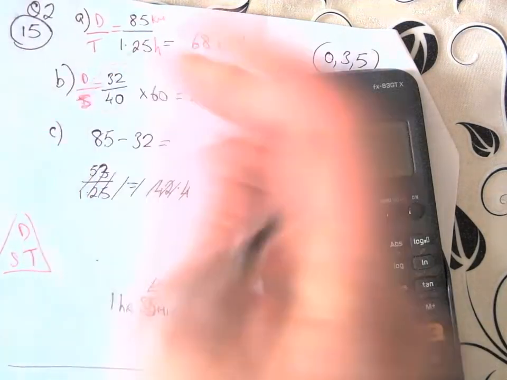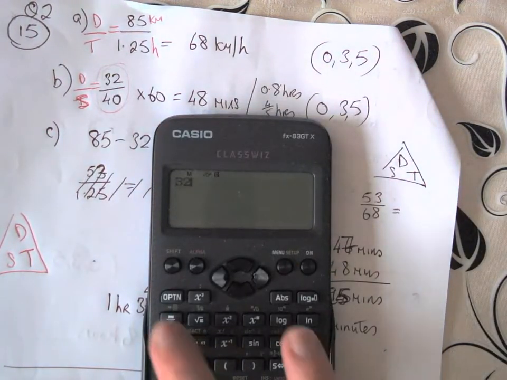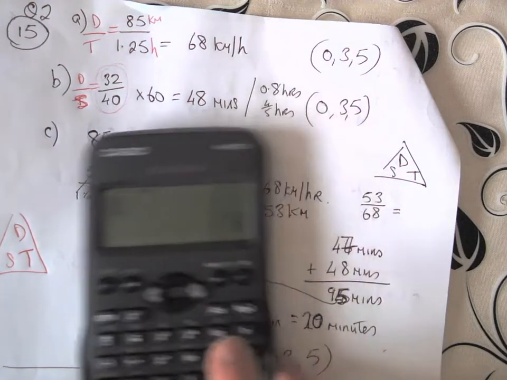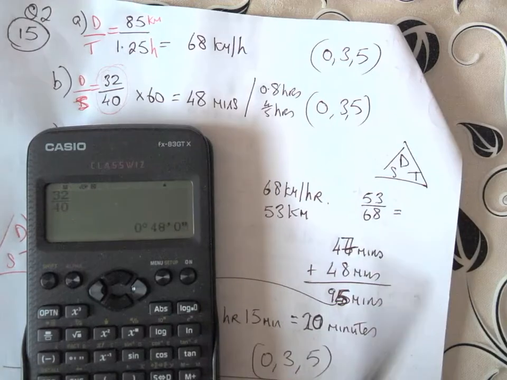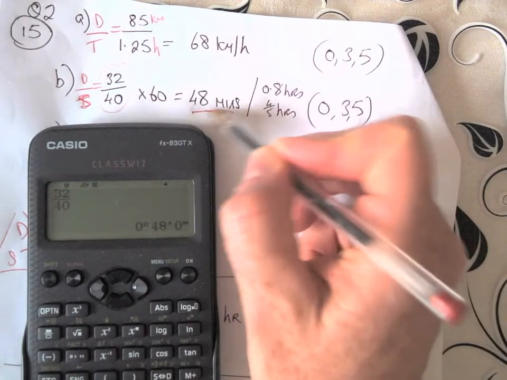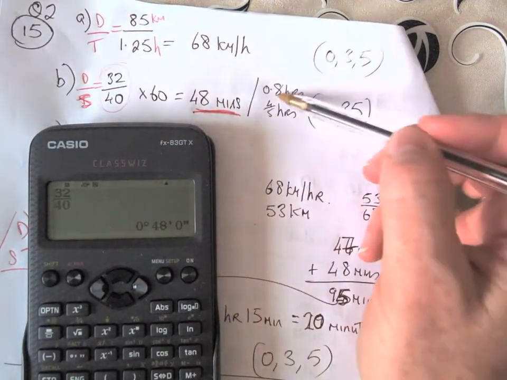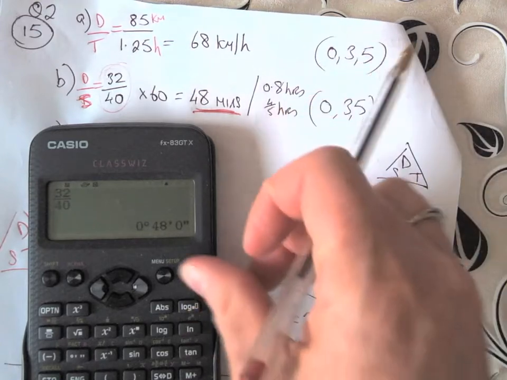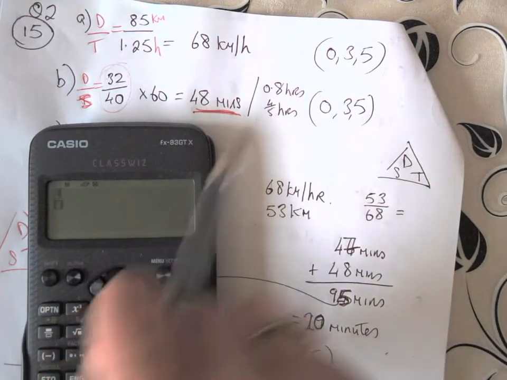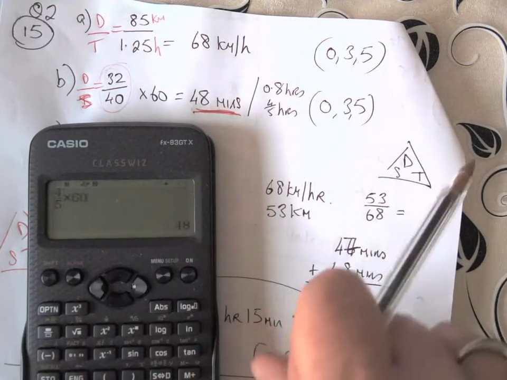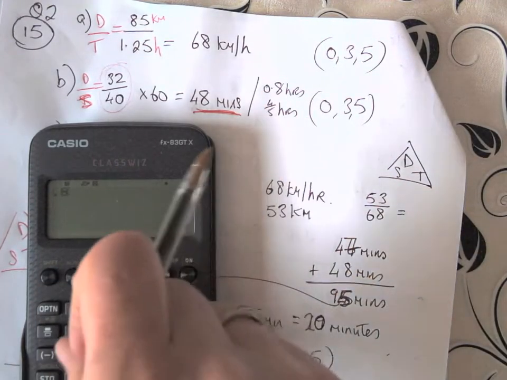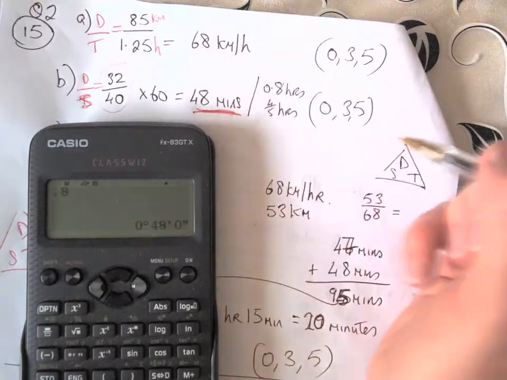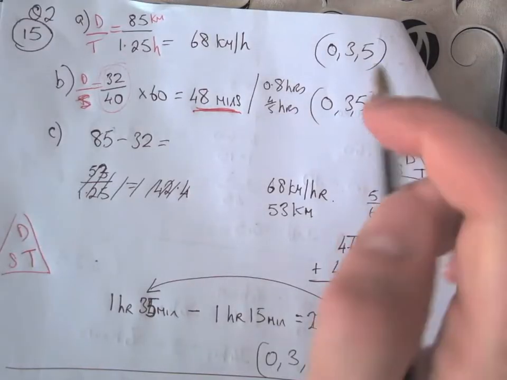When you put in 32 over 40, you get 4/5 or 0.8, and if you press the DMS button, it'll turn it into minutes for you. So it's 0.8 of an hour or 4/5 of an hour, so you could do 4/5 multiplied by 60 to get 48, but once you have 0.8 or 4/5, you can just press the DMS and it'll turn it into minutes for you. So the answer to that is 48 minutes.